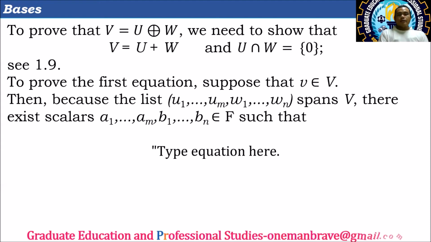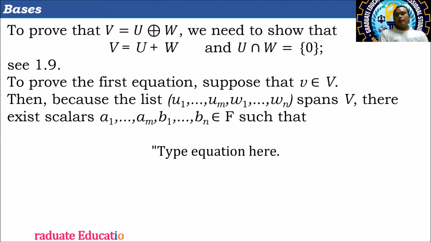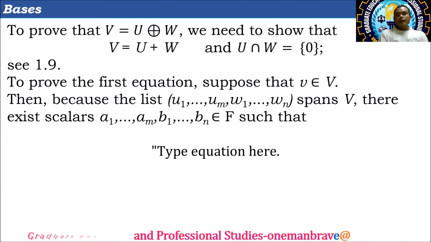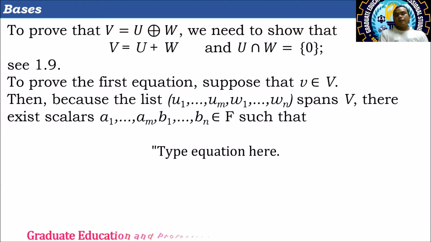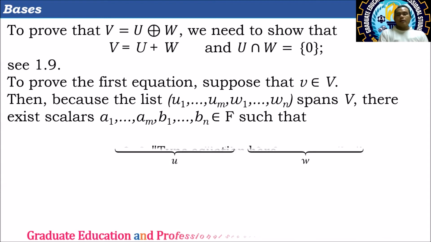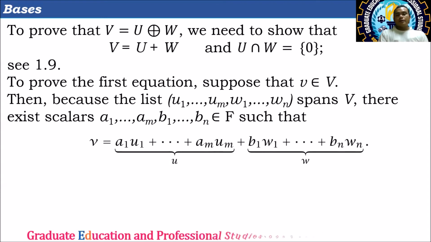Then, because the list of u's and w's spans V, there exist scalars a and b, which are elements of F, such that the vector v is comprised of u and w.